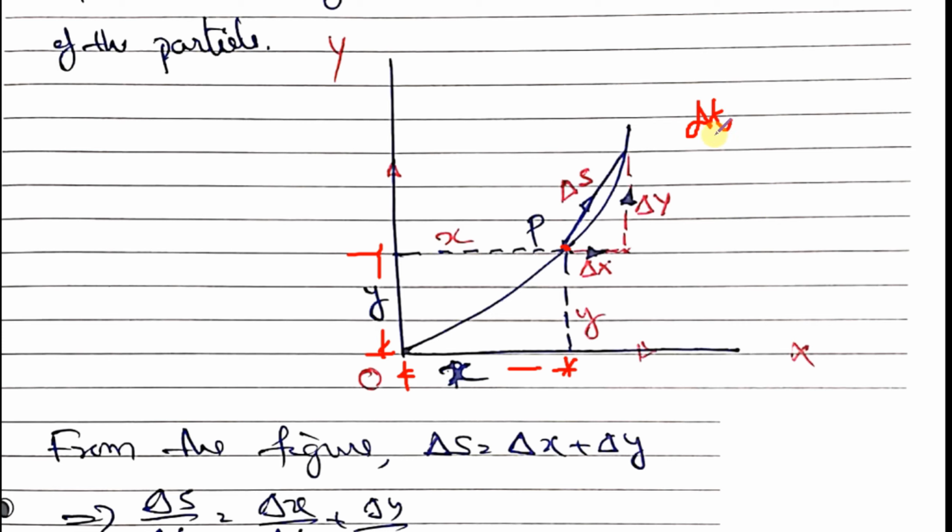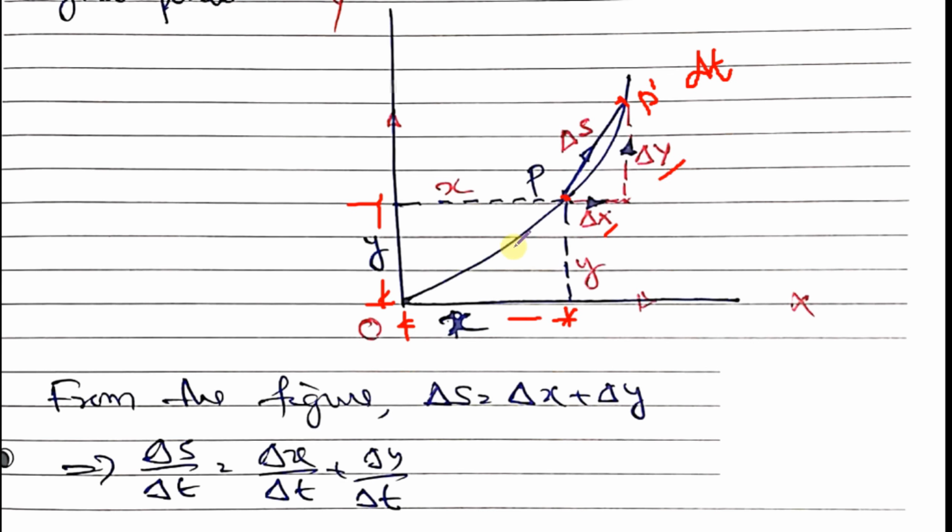Let it be at this point, say p dash. Initially the point was at p, and after dt seconds it moved to p dash. The infinitesimally small distance traveled is delta s, and its components along the x and y directions are delta x and delta y.